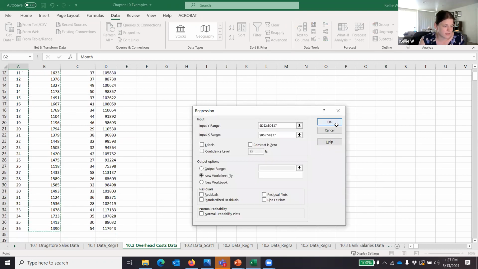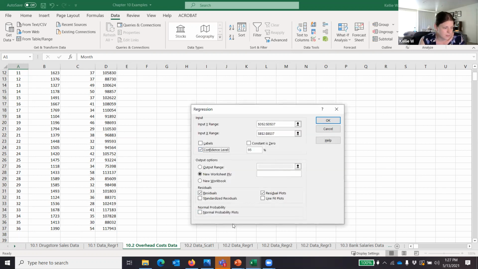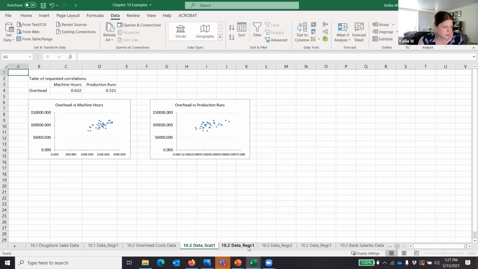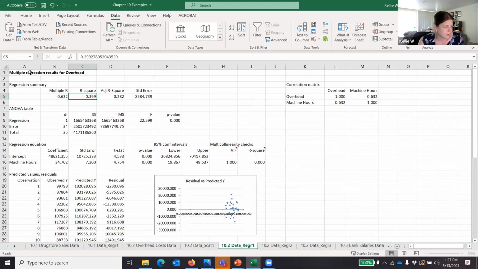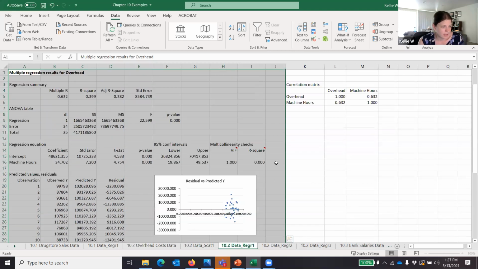So for the first one, for machine hours, we would select that. And then we will ask it for, I guess they're doing their residuals and the residual plots, and then we'd hit okay. And we'd get the same results that you see on these. So this is the output that comes out of running that.